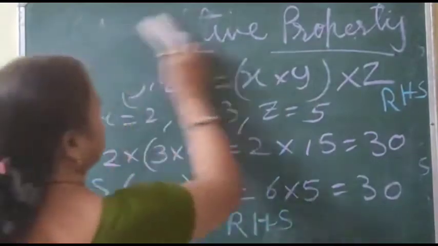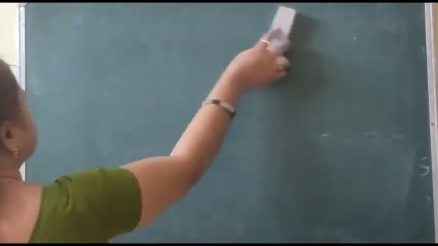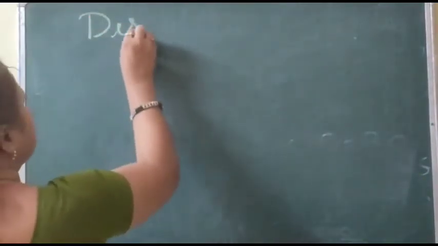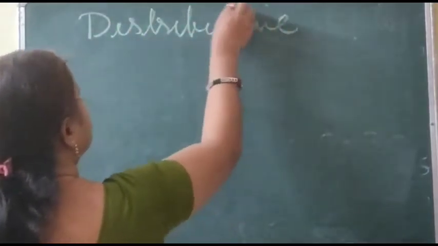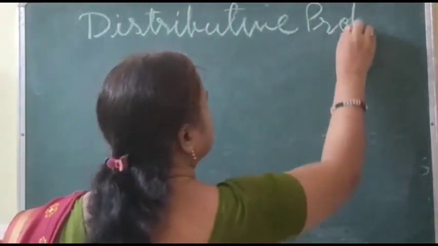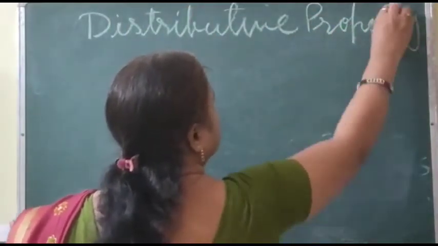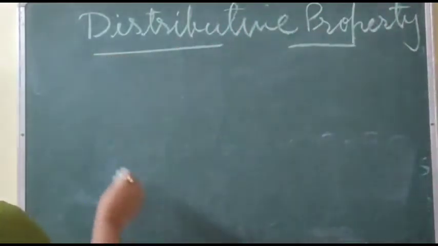Now the next property that I am going to discuss is the distributive property. I have done it for addition and subtraction, and now I am going to do it for multiplication. For the distributive property, three whole numbers are x, y and z.